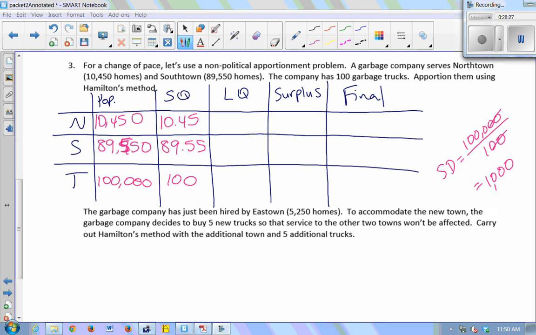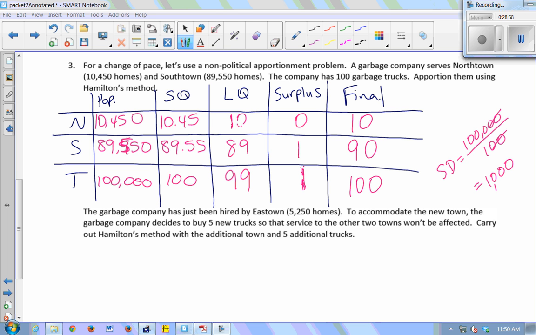So now I have to take my lower quotas, 10 and 89, and that adds up to 99. So I have one extra truck. Which town should get it? Southtown, because they have a larger decimal piece. They get the extra. So my final apportionment is 10 trucks to Northtown and 90 trucks to Southtown, total of 100 trucks.